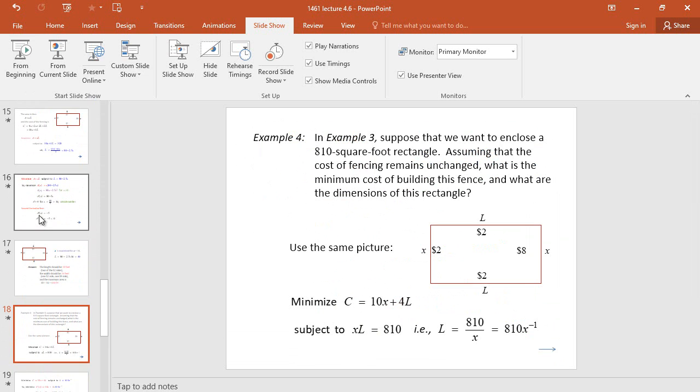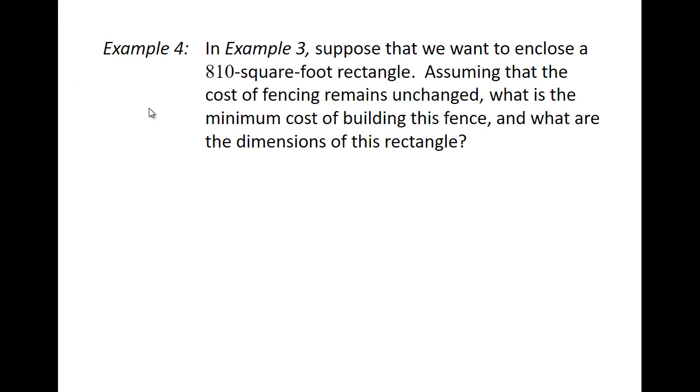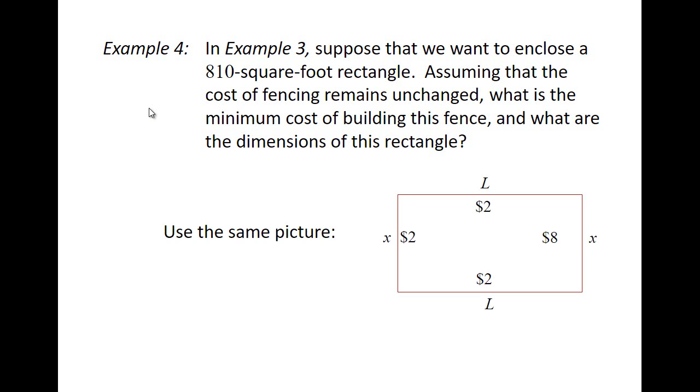And let's solve another optimization problem. So in the last video, we saw that we wanted to create a rectangular region, and on three sides of the rectangle we wanted to use wire fencing, and one side we needed to use wooden fencing.